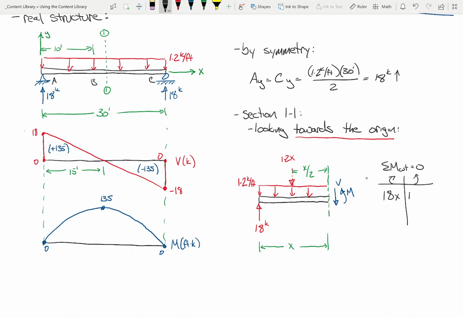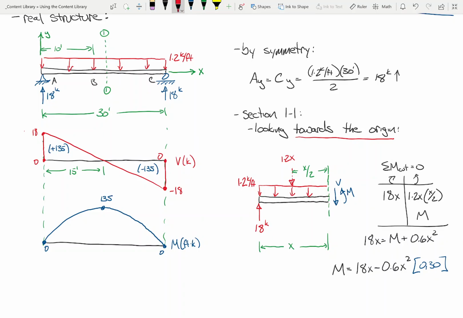It's 1.2x times x over 2, and then M. So I get 18x equals M plus what? 0.6x squared. So I get M is 18x minus 0.6x squared, valid from 0 to 30.